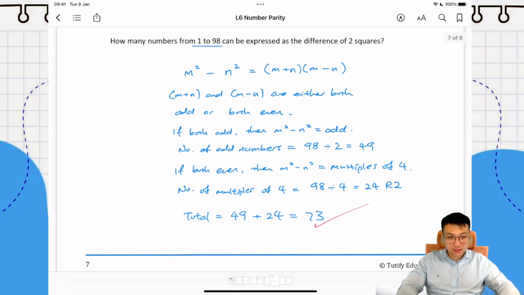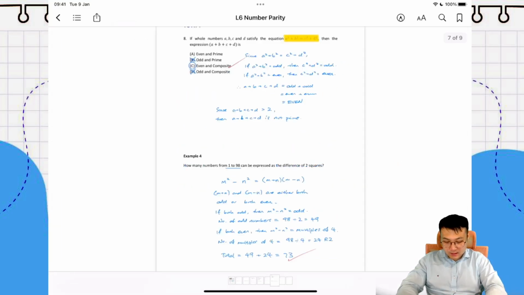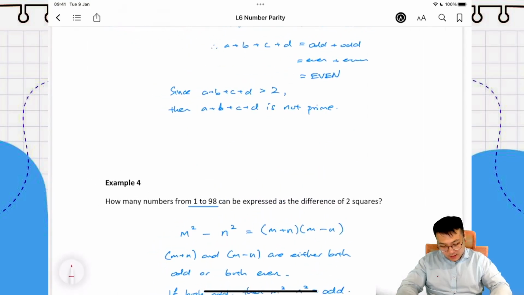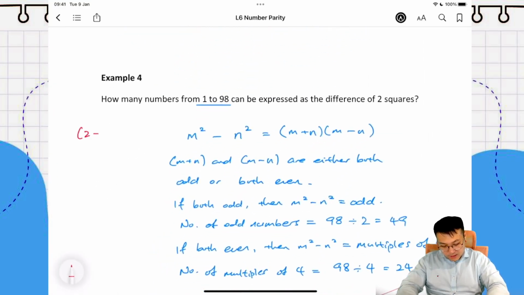Okay, looks like Albert is back. Albert, sorry, my mistake. The answer is 73. I was thinking that actually 2 plus 0 times 2 minus 0 equals 4. I was thinking that you cannot accept 0 because the question is asking 1 to 98.